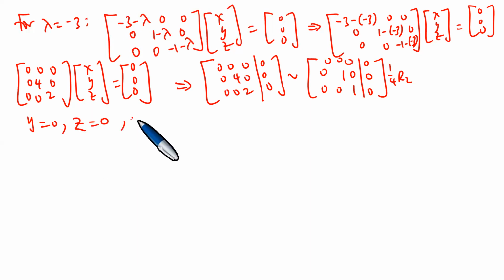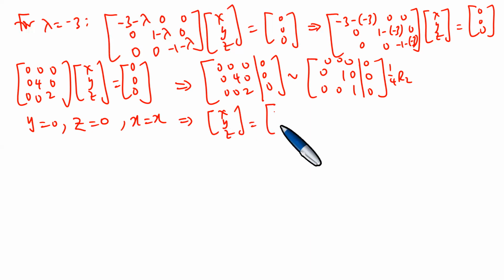Okay, so you can say x here is x, which means x, y, z is x. So you have this.